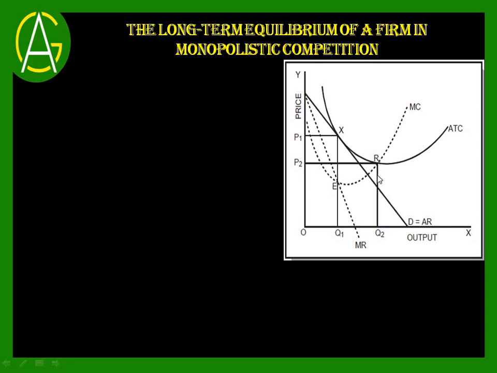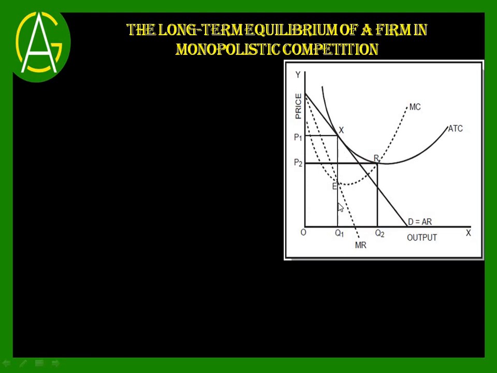So this will be the area of loss. So firm does not try to produce up to the full capacity utilization or optimum utilization. Rather, the firm produces at the suboptimal level. Suboptimal level is OQ1. Firm will continue the production up to this level only.